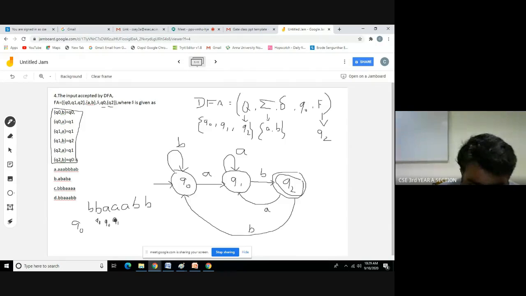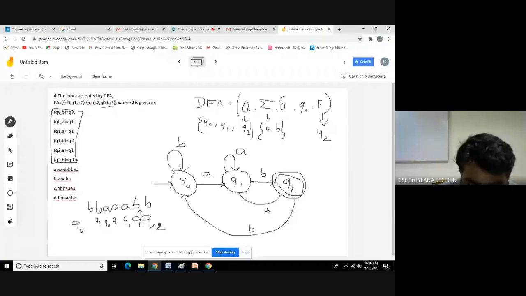From Q1, I read A and it stays at Q1. Again, from Q1, I read A and it stays at Q1. From Q1, I read B and it goes to Q2.